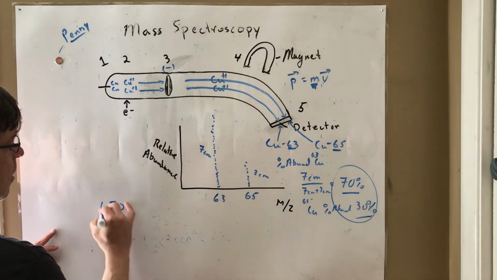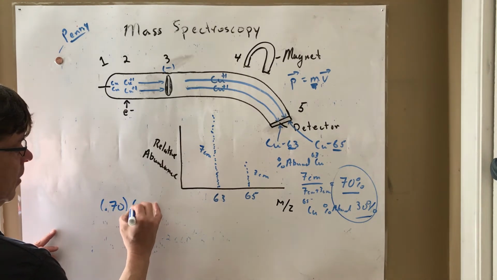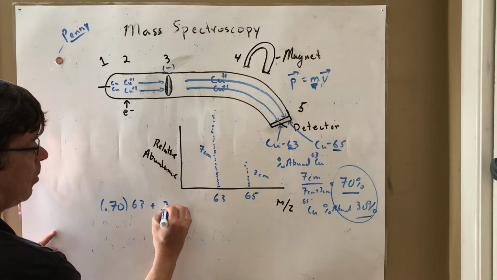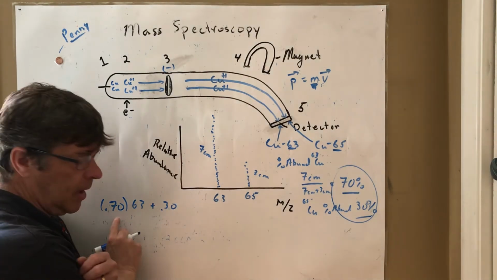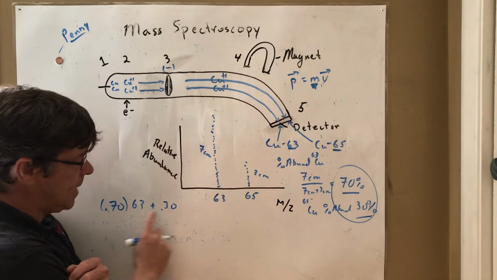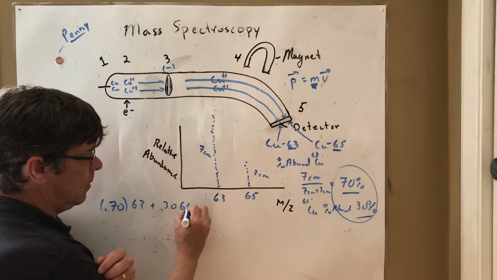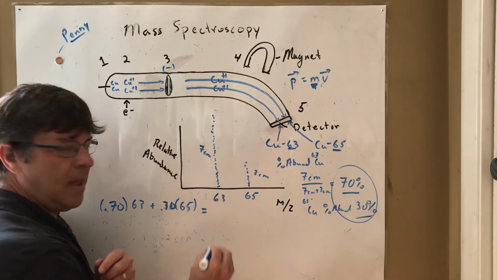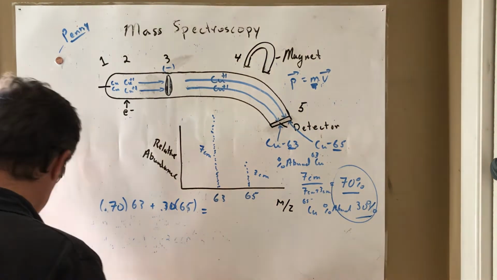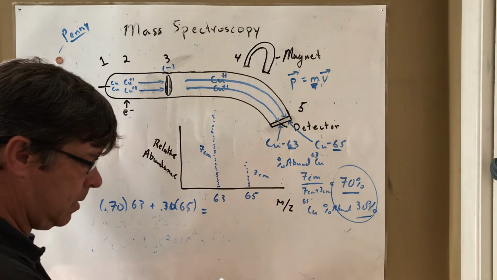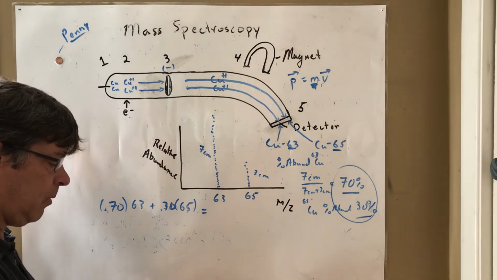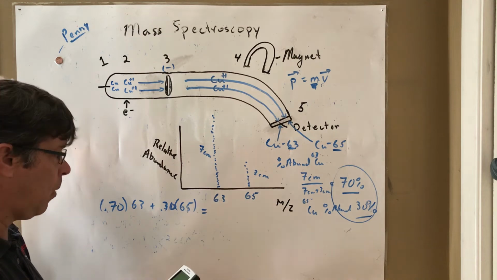0.7 times the 63, the mass, add it to 0.3, we'll change the percentage to decimal, multiply by the mass, same thing here. And we'll do this arithmetic. I did it earlier, but let me use my calculator for a second. 0.7 times 63 is 44.1, remember that? 44.1.